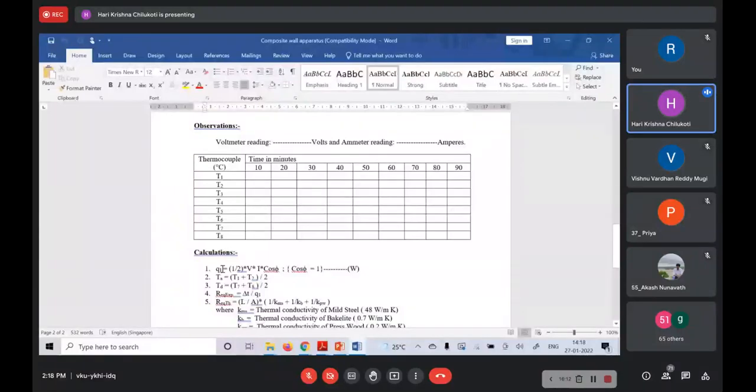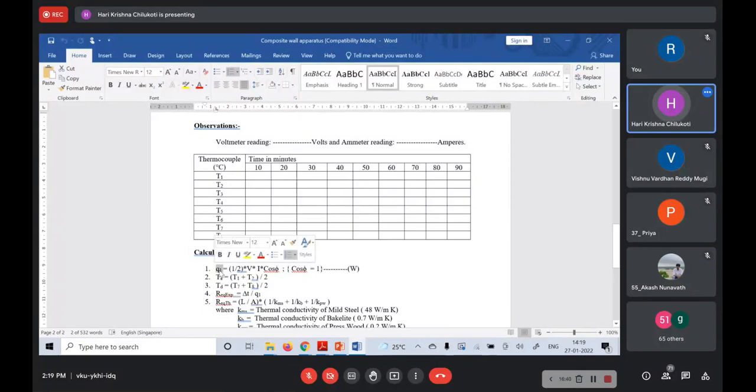As we know, the heat transfer rate is given by V multiplied by I divided by 2. The reason we are using 2 here is that half of the heat flows towards the top of the composite slab and the remaining half flows to the bottom. This is the assumption we are making by having symmetrical composite slabs on top of the heater as well as on the bottom of the heater.